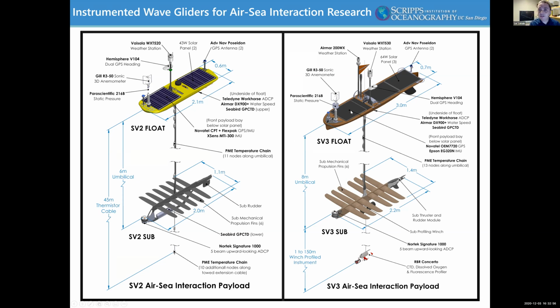So we have a downward looking, traditional 300 kilohertz ADCP, and an upward looking Signature 1000, that extends the velocity profile up to the surface, remembering that often from a ship, you're limited in what you can resolve close to the surface.